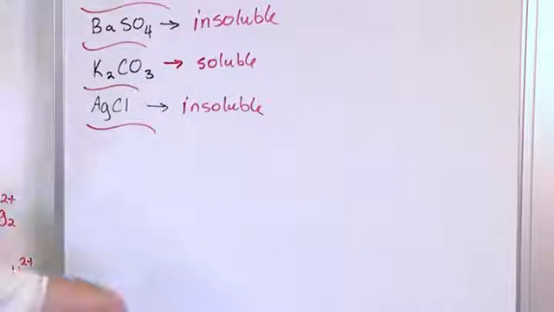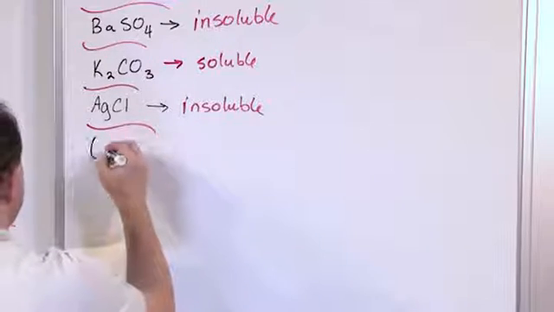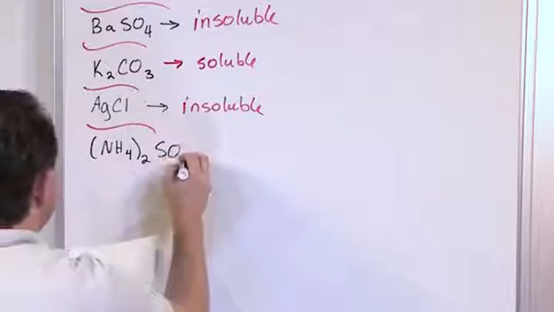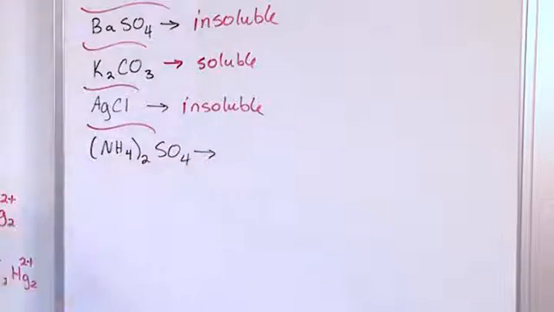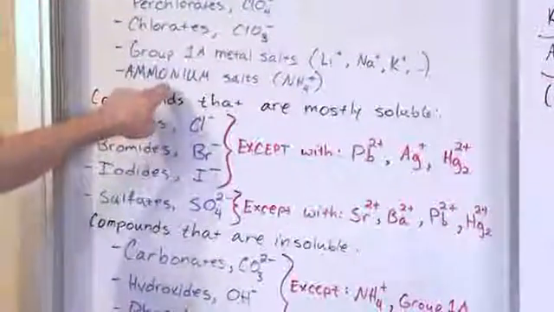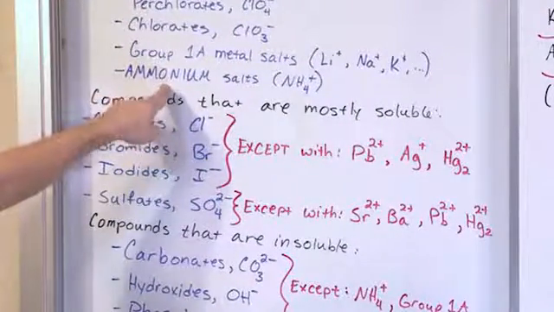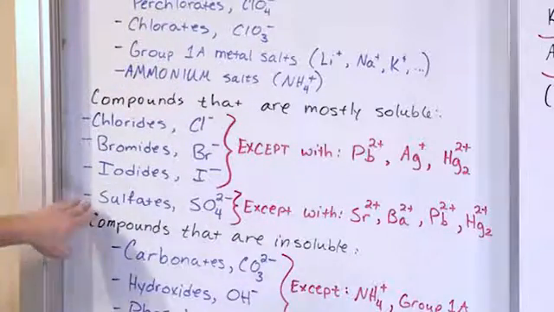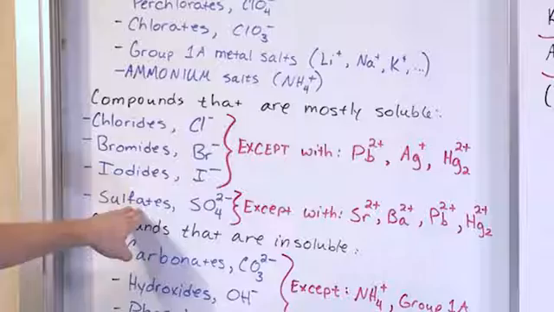All right, next, we're just going to do a few of these guys. (NH4)2SO4. So this is ammonium sulfate. So I come down here, immediately I hit ammonium salt, all right? So ammonium salt might indicate that it's soluble, but then I go down here just to double check and I get to sulfates.